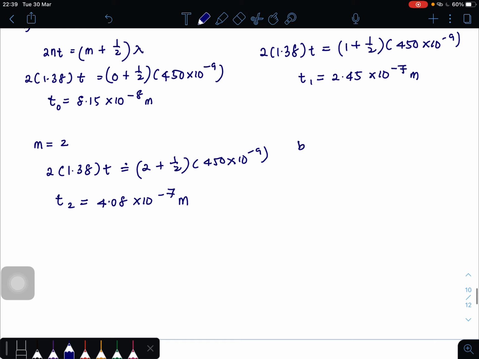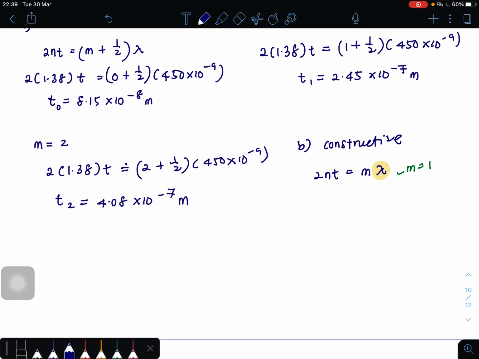Okay, so question B. Since it is for constructive, the formula that we are going to use is 2nt is equal to m lambda. And the m we will use is m equal to 1, because we want to find lambda, right?